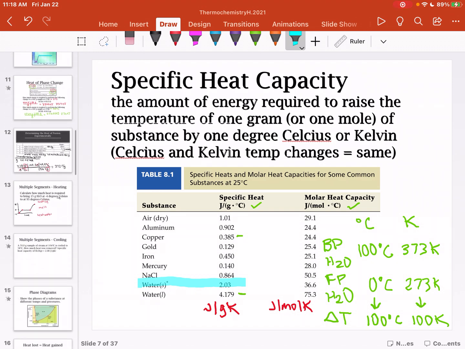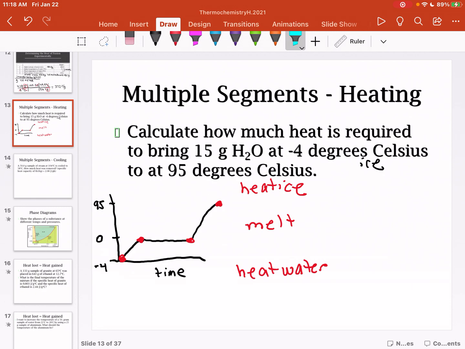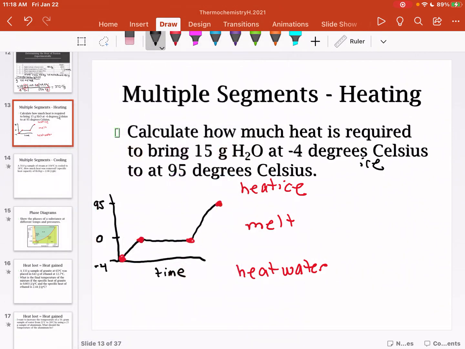So that's what I have to use when I'm in this line segment for heating my ice. I have to use that 2.03 joules per gram degree Celsius, because that's the specific heat capacity for ice. Each substance has its own.